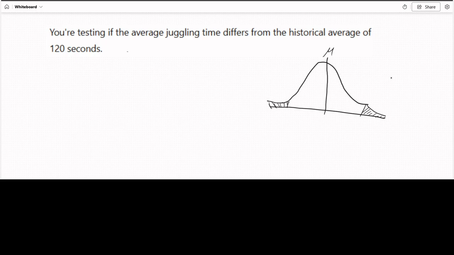Okay, so we take our uncertainty, usually 5%, but it could be 10% or 1%. We want to take our uncertainty and distribute it to both sides. So if our uncertainty was, let's say, 5%, 0.05, we want to distribute that as half of 5%, or 2.5% on this side and 2.5% on this side, to add up to our total uncertainty of 5%.